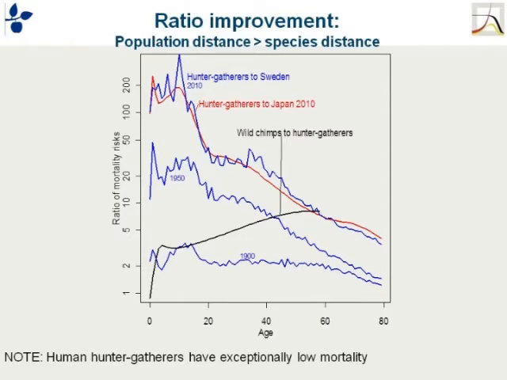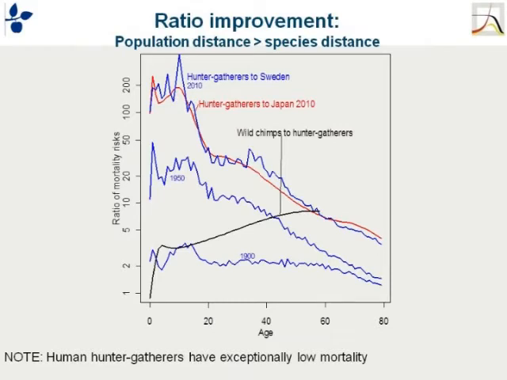The ratio is something like 100. And the red is hunter-gatherers to Japan, and the same thing, 100, 200 times higher mortality. So that's what I was showing you before, this enormous reduction in mortality at younger ages. And then if you follow the curves down, you can see that there's less reduction at higher and higher ages, but even at age 80, there's something like a five-fold, roughly, difference between the hunter-gatherers and modern humans.